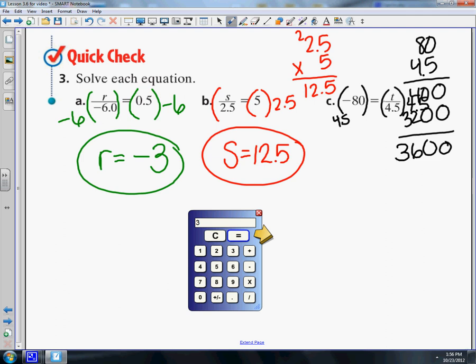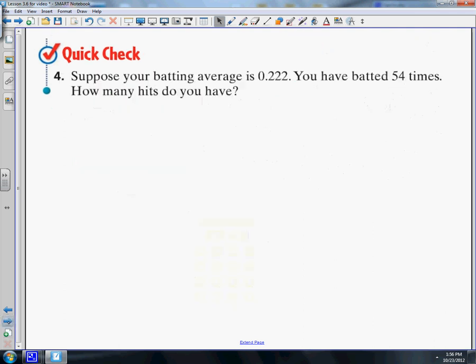Then I'm going to move my decimal one time, so I get -360. Don't forget your negative signs. It can get really easy to forget them because you're focusing more on 80 times 4.5 instead of -80. So it's -360.